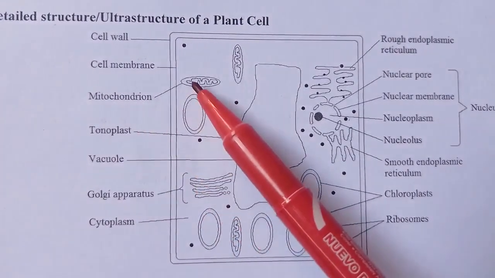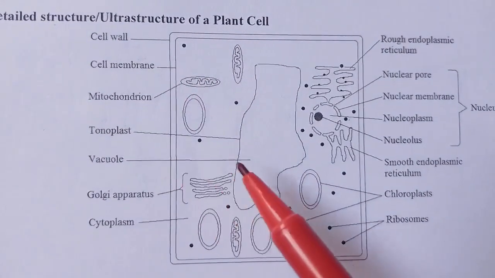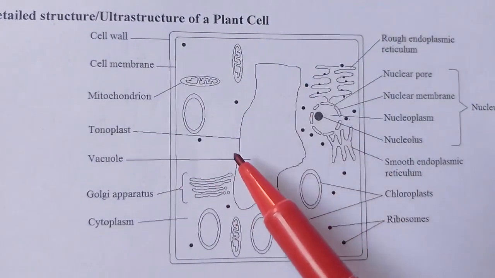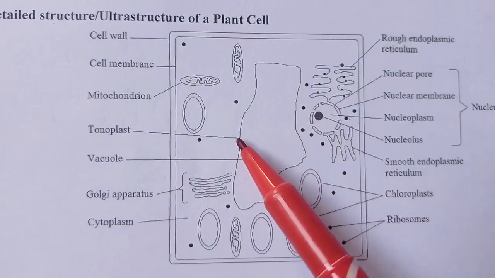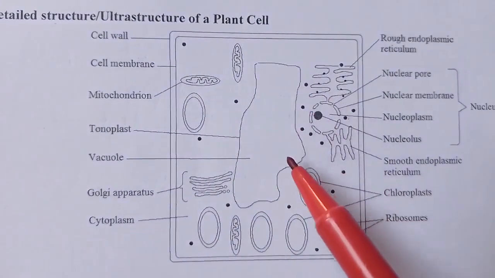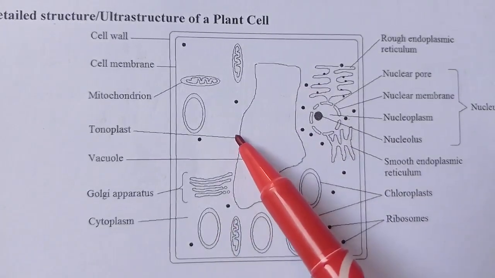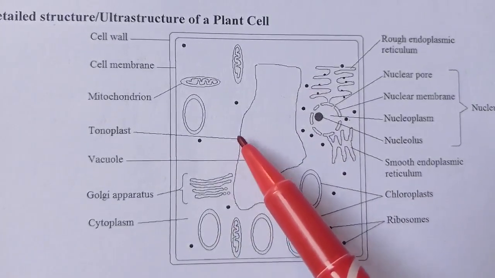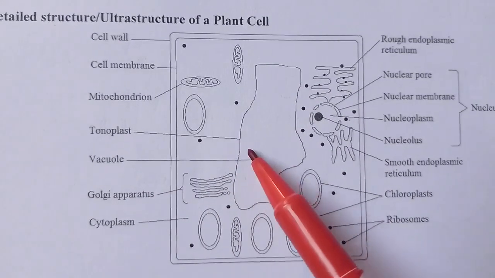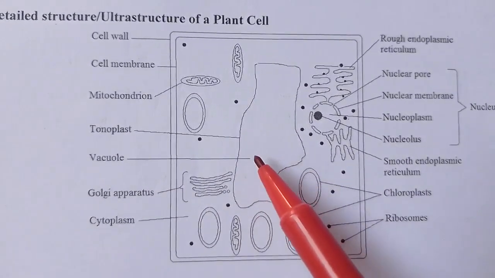Have you seen? This is a mitochondrion. Then this one here is called the tonoplast. Then we've got a vacuole. I think you are now able to relate from what we have just covered.